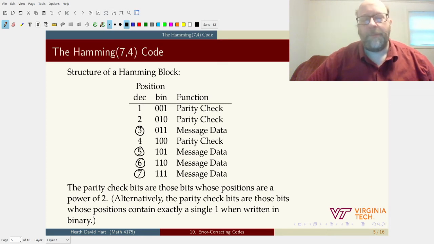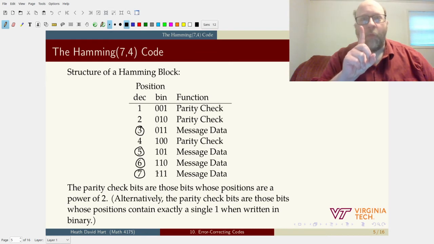We're skipping the positions that only have a single 1 in their binary. So 1 is 0, 0, 1, 2 is 0, 1, 0, 4 is 1, 0, 0. Each of these 3 values only has a single 1 in it and has 2 zeros.